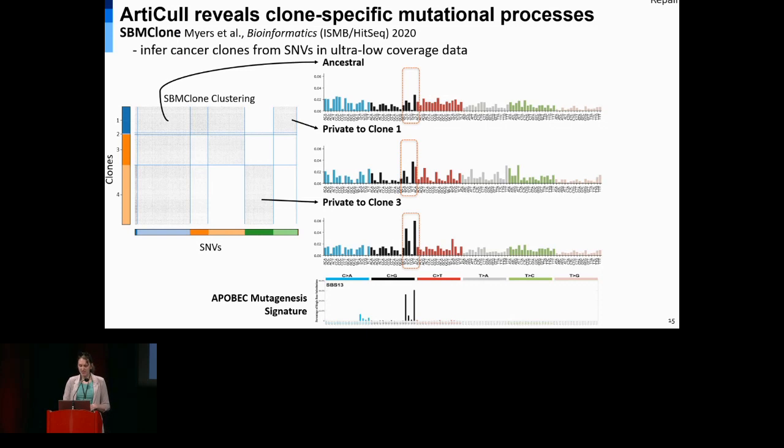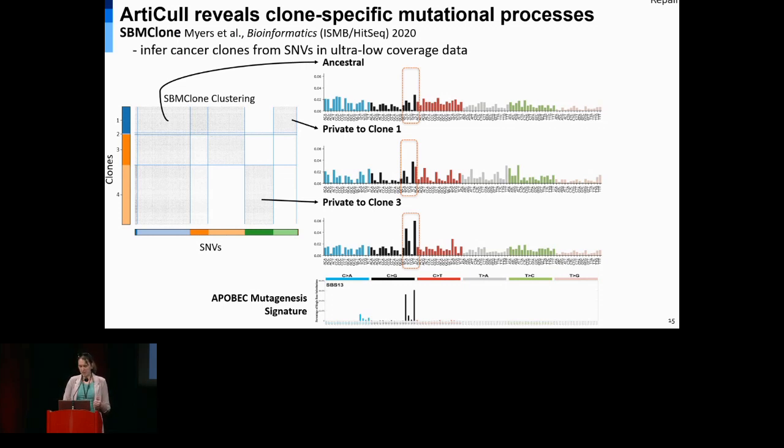And what we can see is that, especially in this subset of C to G mutations, there is an increase in signal here, and that is fully consistent with an APOBEC mutagenesis signal. So this is one of the most common mutagenic processes that we see across cancers, but it's actually relatively uncharacterized in ovarian tumors.